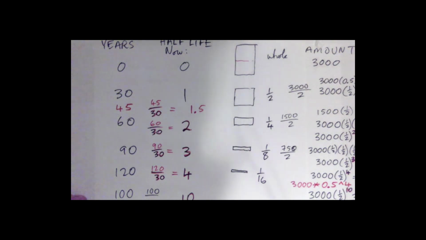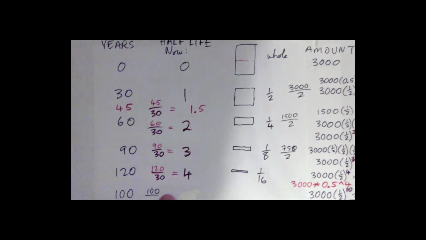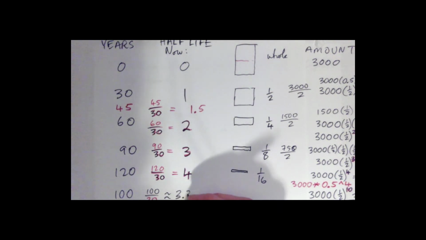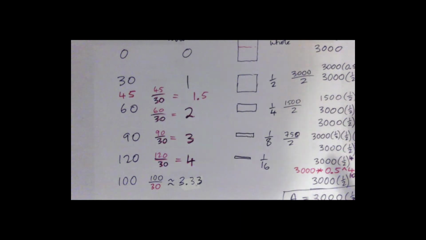Right. 100 over 30, which is roughly, I'll just give it 2 decimal points, 3.33. Now it goes on forever, but roughly 3.33. And if we use that, we'll get close enough, right?